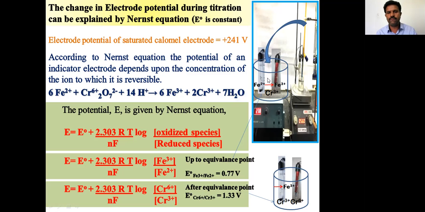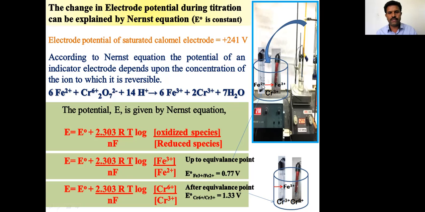This is responsible for the change in electrode potential up to the equivalence point. The E naught value for the Fe3+/Fe2+ system is 0.77 volt. As the titration continues, the ferrous ion concentration in the denominator decreases and the ferric ion concentration increases. So the numerator value increases, the denominator value decreases, hence the potential or EMF increases.